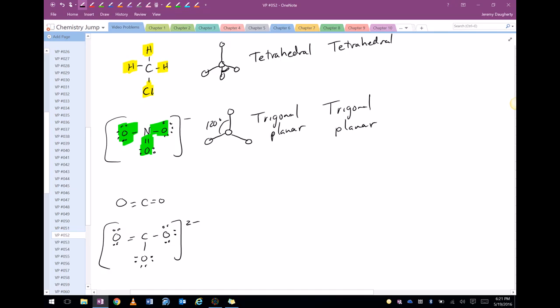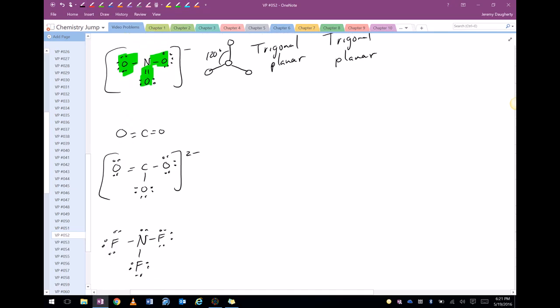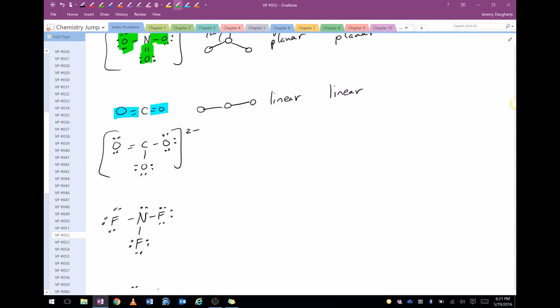I think all these are just atoms, aren't they? We have to do another one of these videos. So here's CO2. There are only 2 sides being occupied, so there are only 2 electron domains. So it ends up looking like this, and that is linear for the electron domain geometry. The molecular geometry or the molecular shape is also linear, okay, because it's only surrounded by atoms.